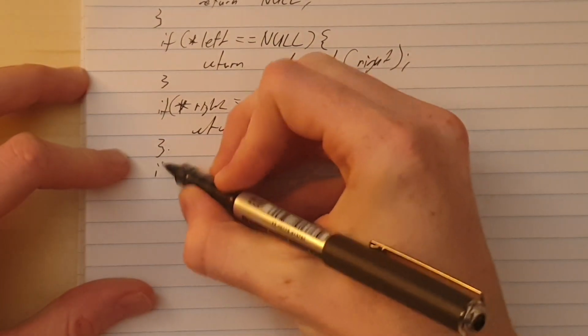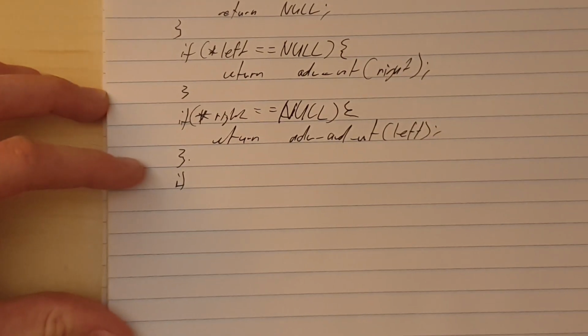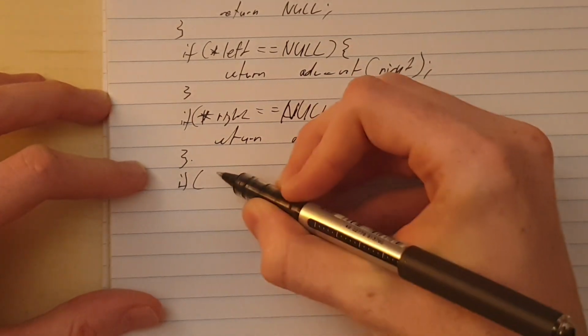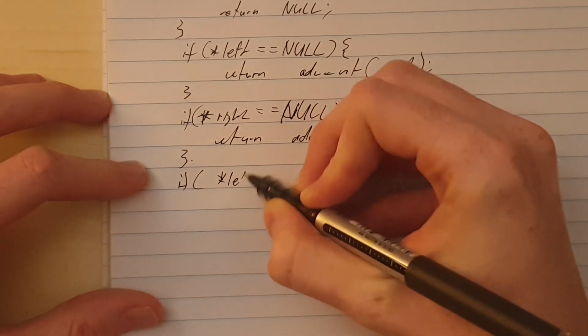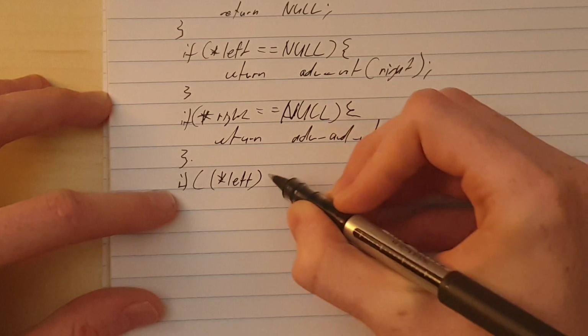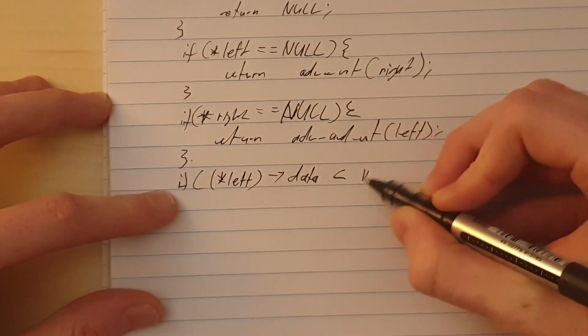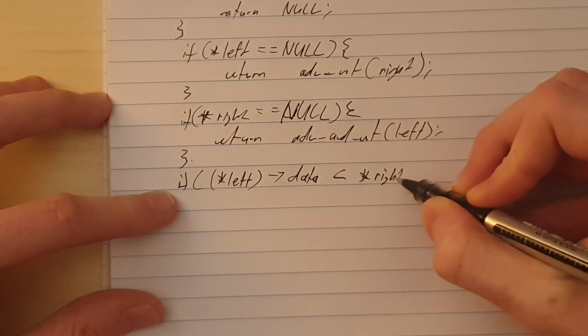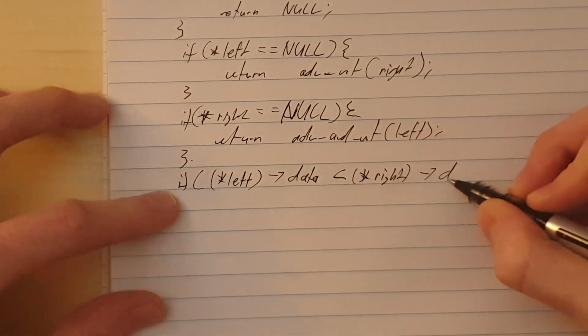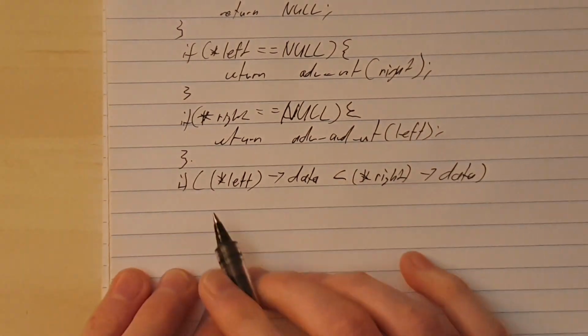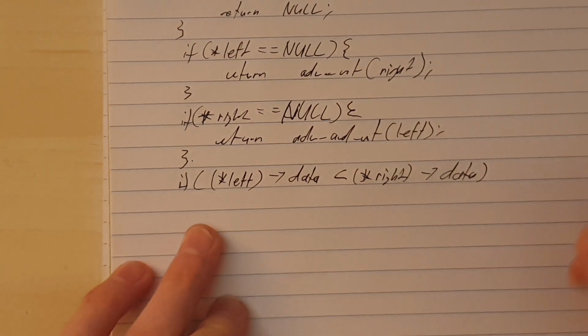So we now know both lists are non-empty, so we can start comparing things. If the first node of left, if its data is less than the first value on the right list's data, that means left is our smallest one, right?